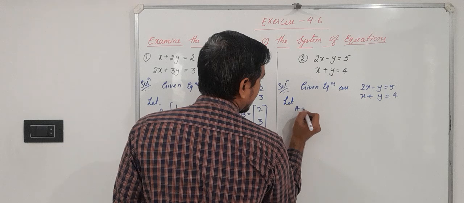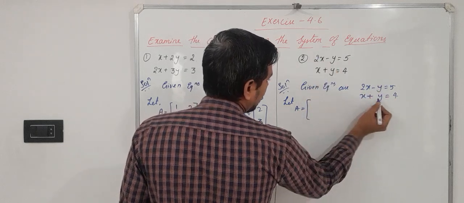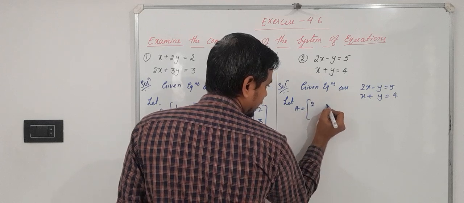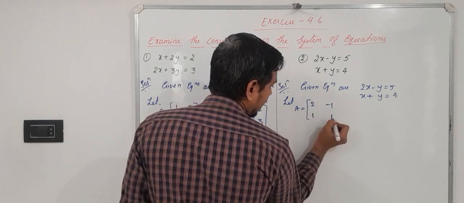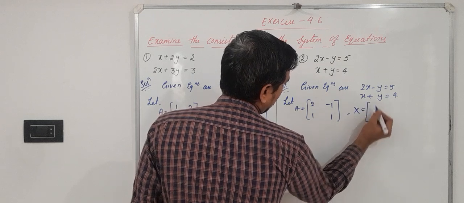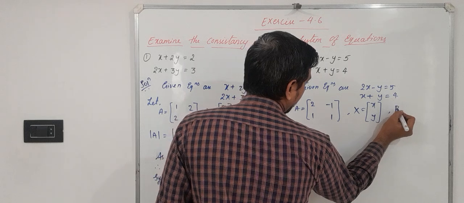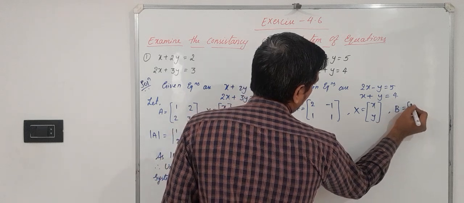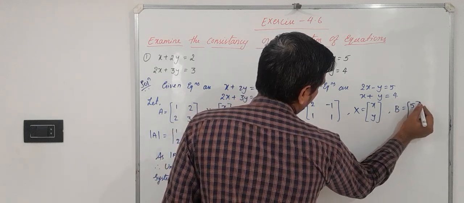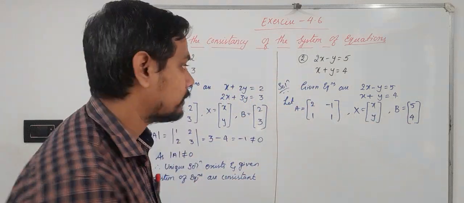Let A be 2, minus 1, 1 and 1, the coefficients of x and y. X is equal to x comma y and B is equal to 5 comma 4.